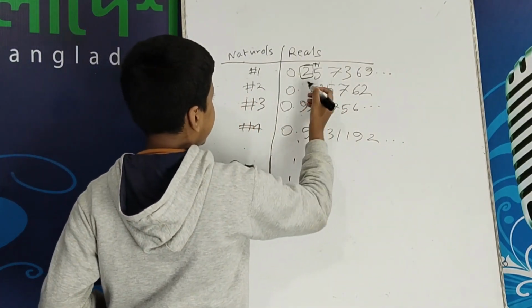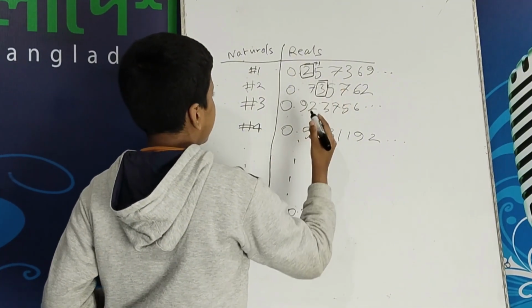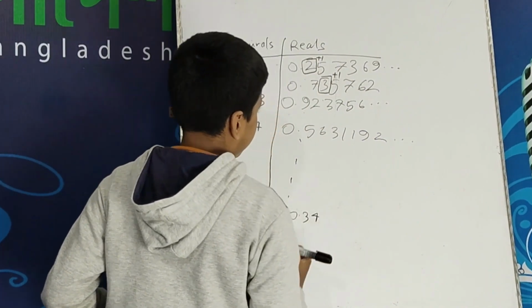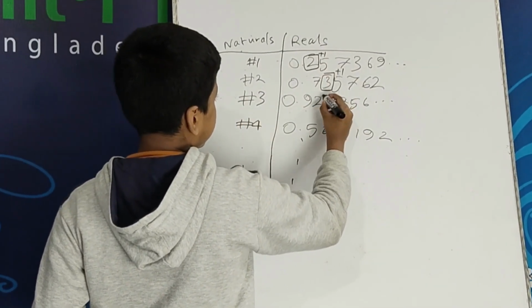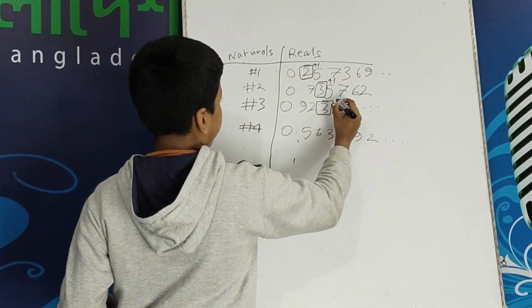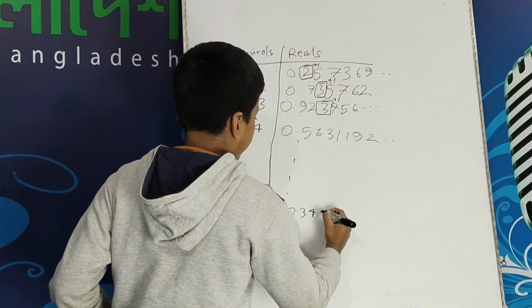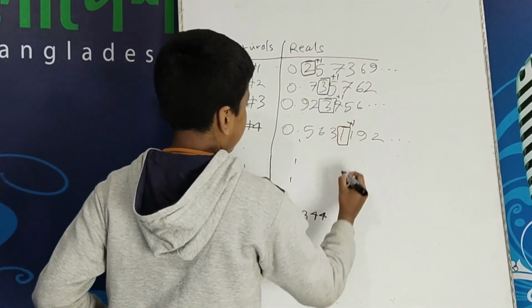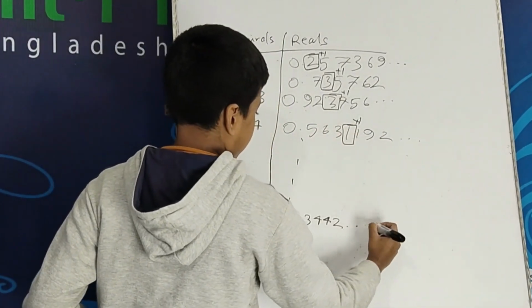We take the second decimal digit and add 1. We get 4. Then we continue this. Third decimal digit of the third number, add 1, we get 4. Fourth decimal digit of the fourth number, add 1, we get 2. And then we continue on and on and on.